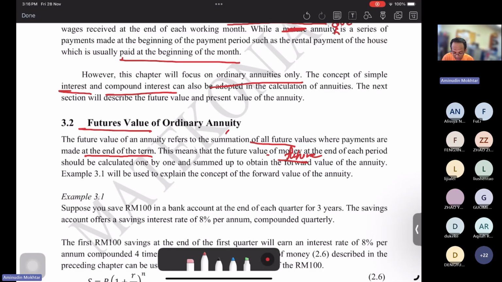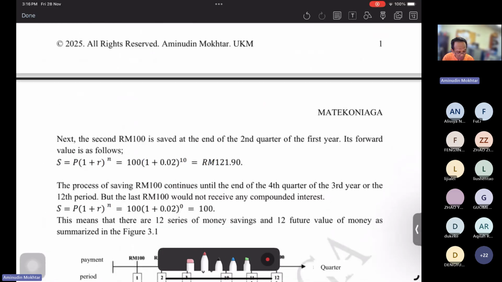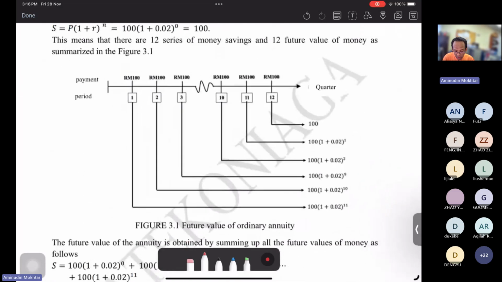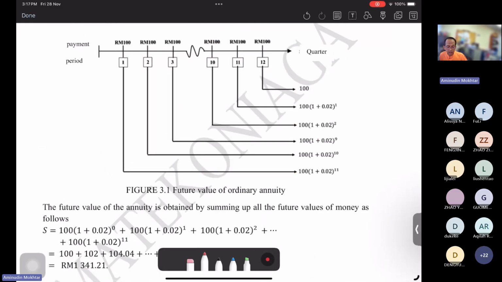Okay, for example, I will explain example 3.1. Please refer to page 1 and page 2. There is a graph, figure 3.1. Figure 3.1 will show how the future value of money is used to explain the future value of annuity.